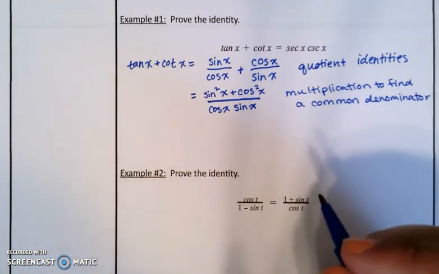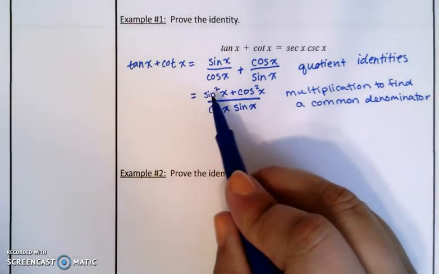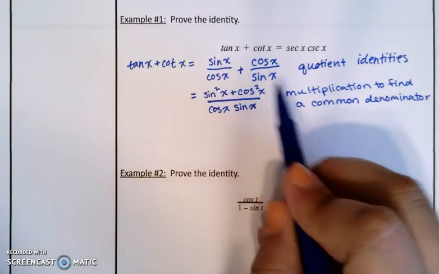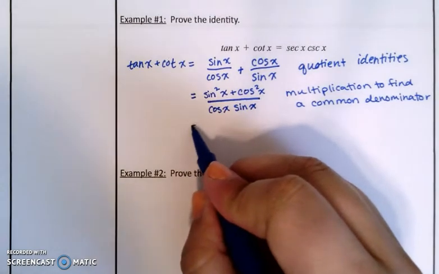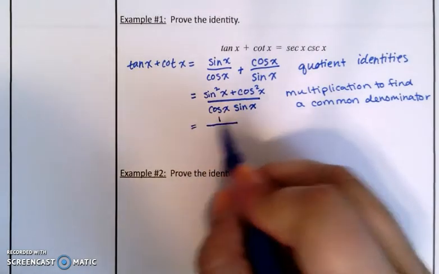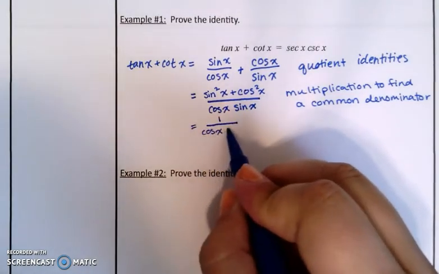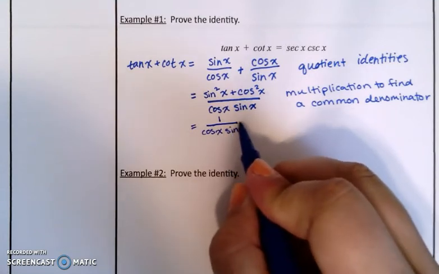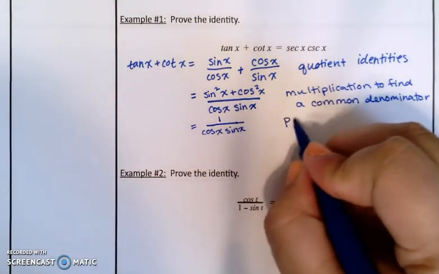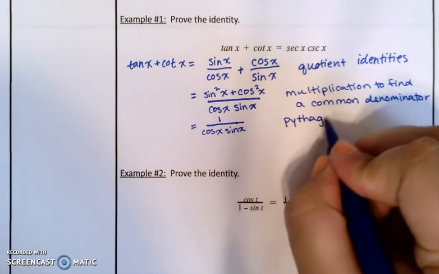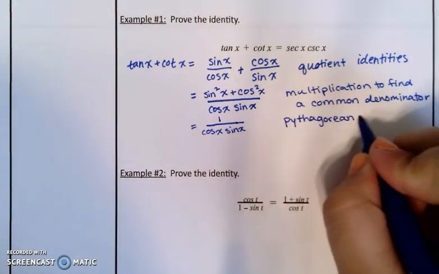All right, our next step is to notice that sine squared of x plus cosine squared of x is equal to 1. So I can rewrite this as 1 divided by cosine of x sine of x. And that is the Pythagorean identity.